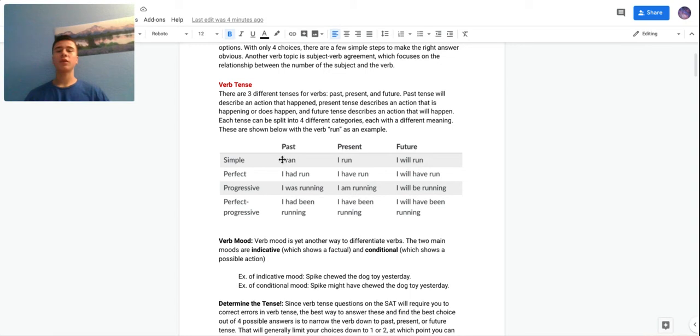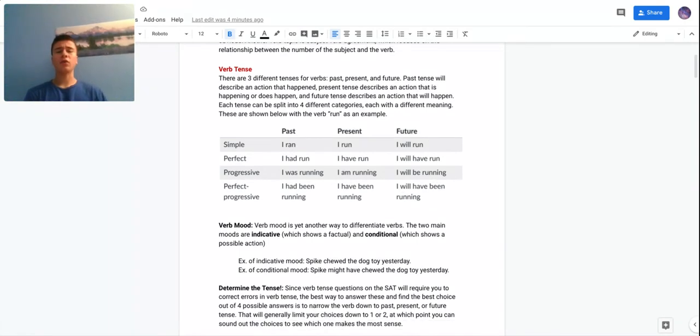For example, in the past: I ran, I had run, I was running, I had been running. Had, was, had been, all these are conjugated differently depending on the tense. You don't really need to get into all of that. You just need to know the main past, present, or future, and the rest of it is pretty much a basic knowledge of English.